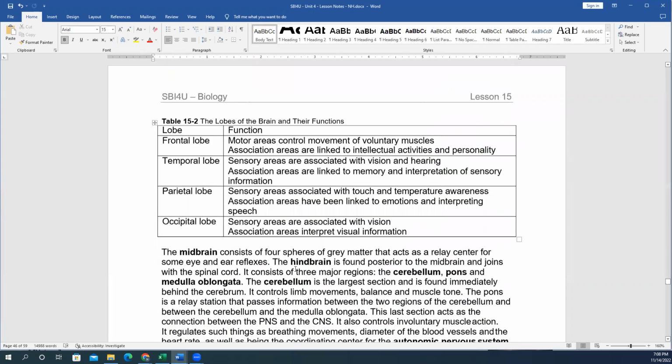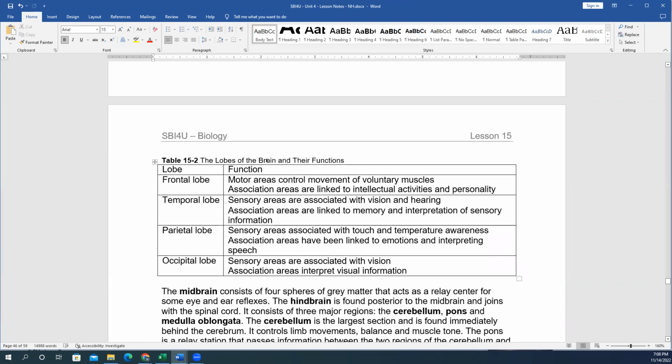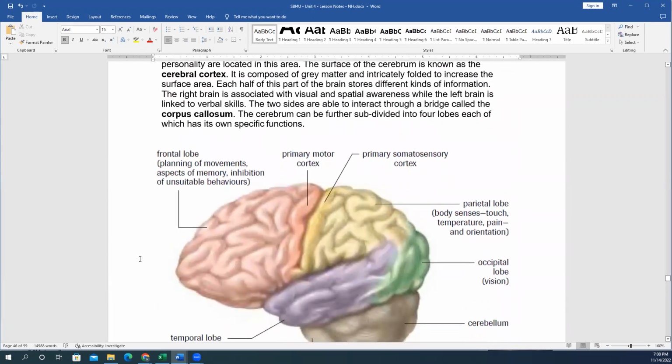And down here in this chart, we have a summary of the different functions associated with each one of these lobes. So the frontal lobe, as we said, has to do with control of the movements, aspects of memory, and also inhibition of unsuitable behaviors.